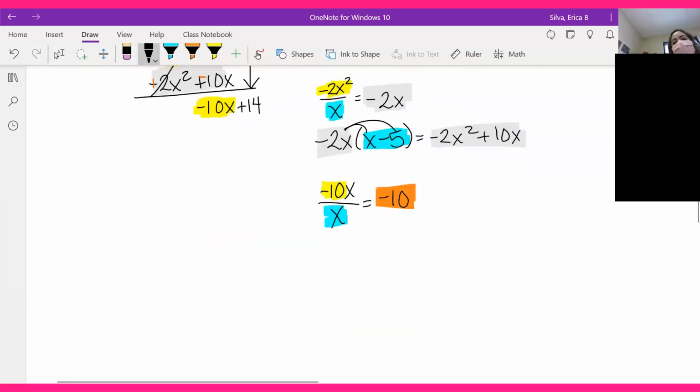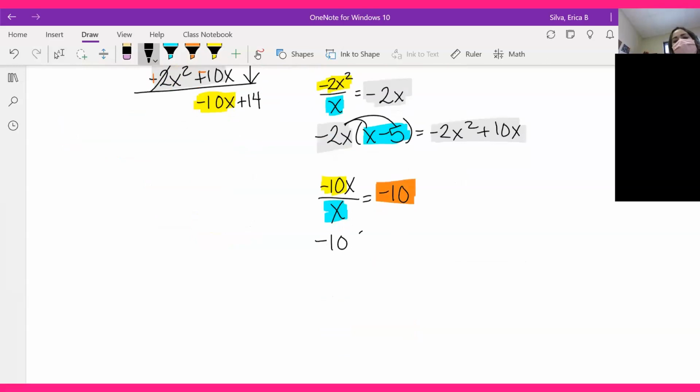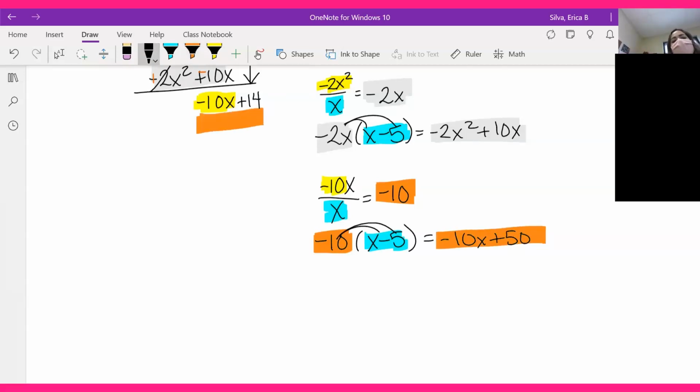And then we multiply it times the divisor, x minus 5. Distribute. And we grab this one and we put it under the last answer we got.